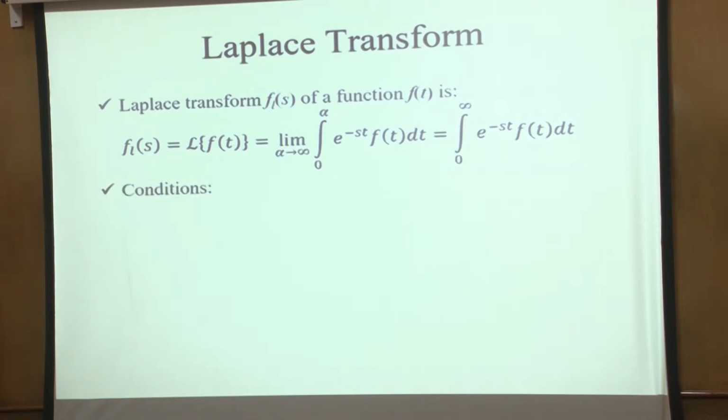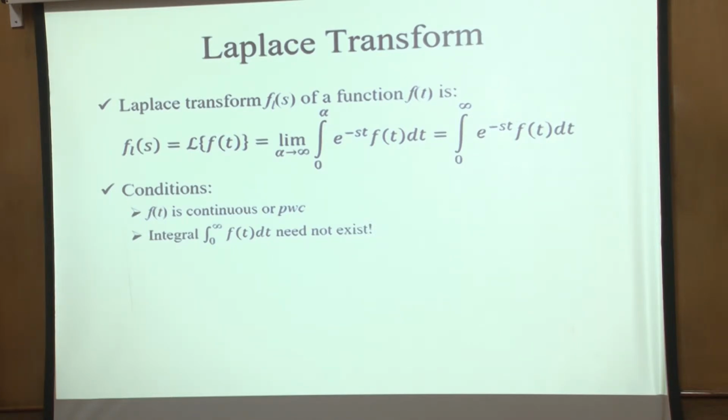The conditions are very important. The Laplace transform actually doesn't have as strict a condition as the Fourier transform. For example, the function has to be continuous or piecewise continuous, same thing. But this integral need not exist. All you have to do is basically f(t) has to be of exponential order.